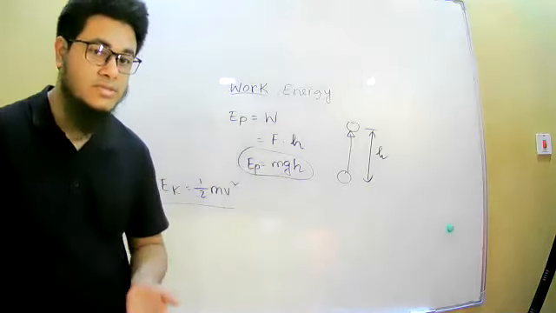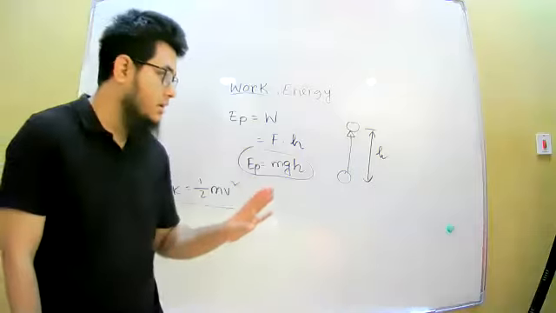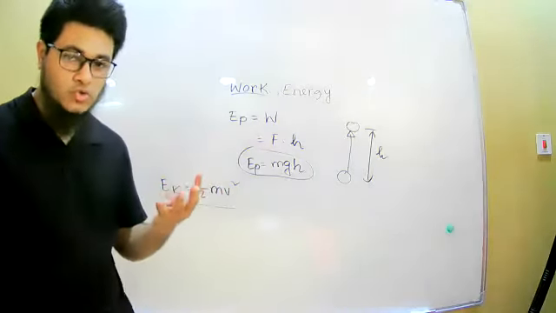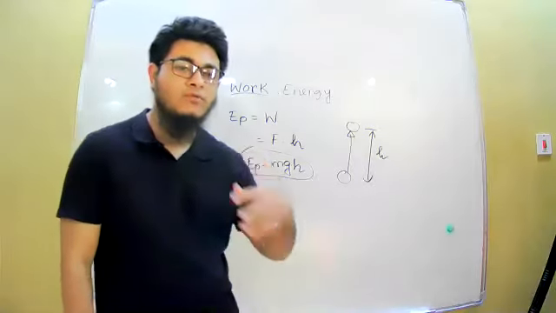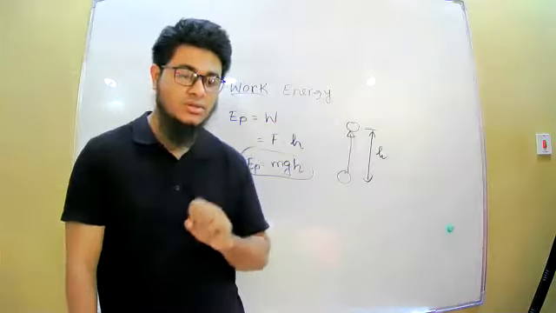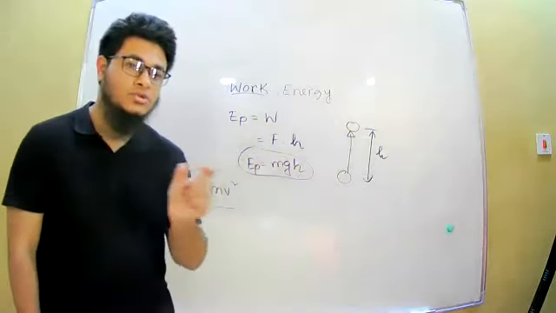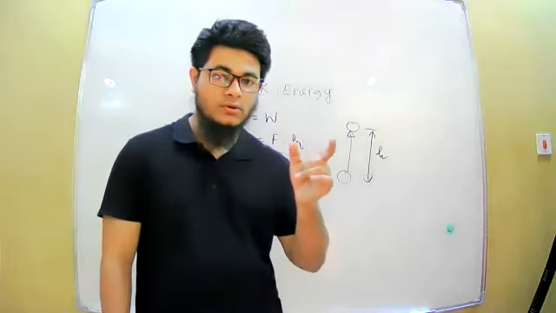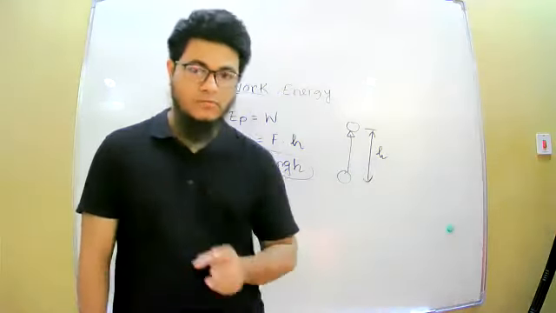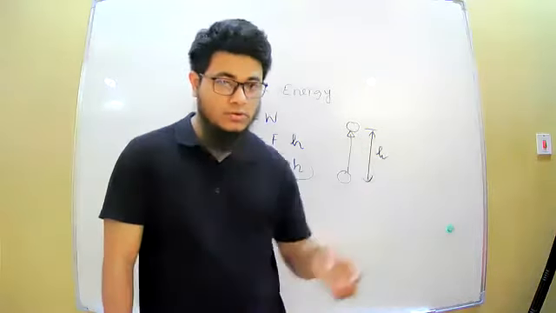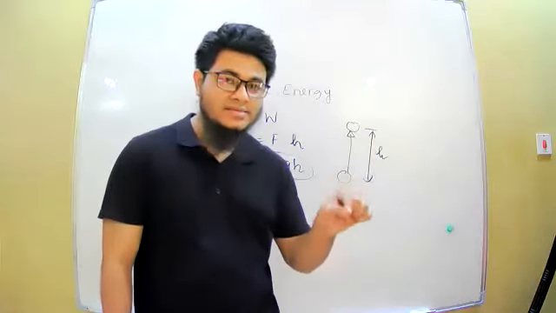In some equations h is also used as the covered distance, so you have to know. Let me mention it here itself. There are four equations of motion. When you write it for falling bodies, you replace s by h. Let us say s equal to ut plus half at square, this is an equation of motion for a body in motion. But if you are applying it for a falling body, then you replace s by h.